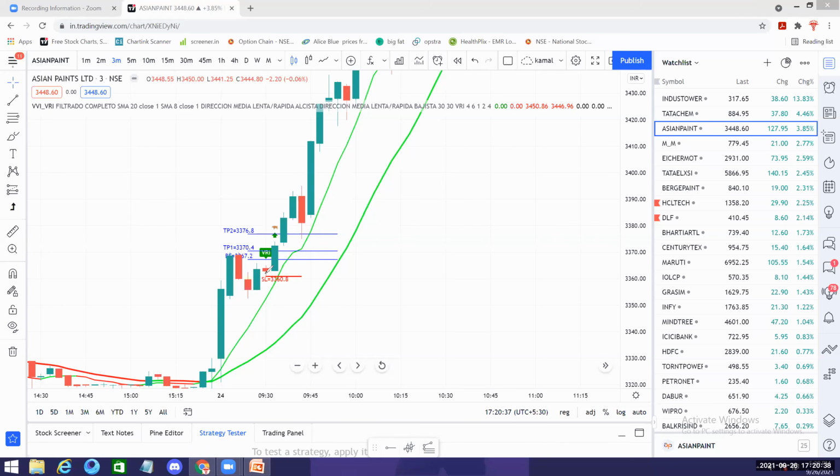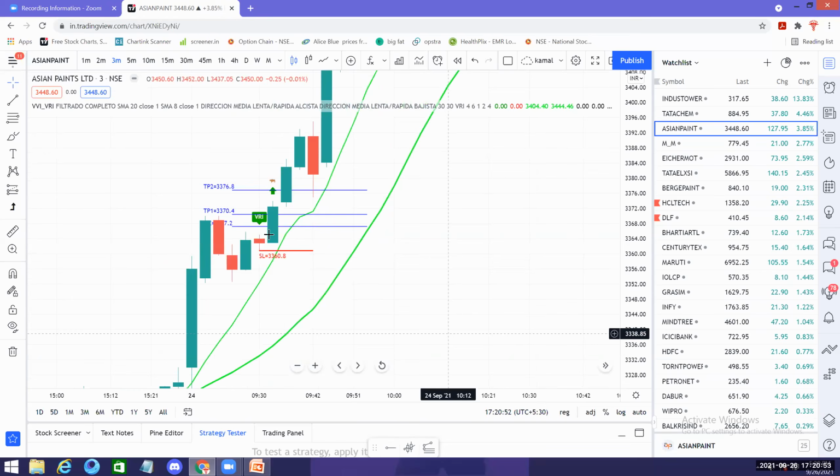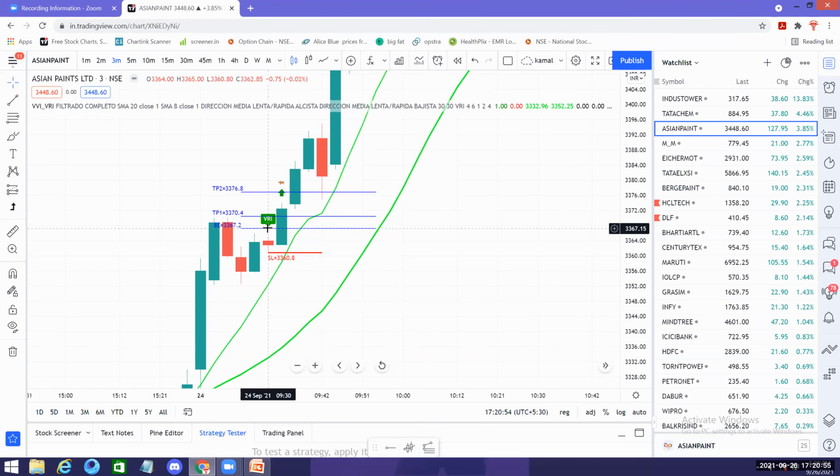This is a good green candle. The 1/3 of that candle is not breached by the red candle. And the green candle entered, closed above it. Now this indicator itself gives you a way of entry. This is the entry price you had to enter. It gives you here only. Your first target is approximately, it has already been mentioned here because this is your total stop loss.